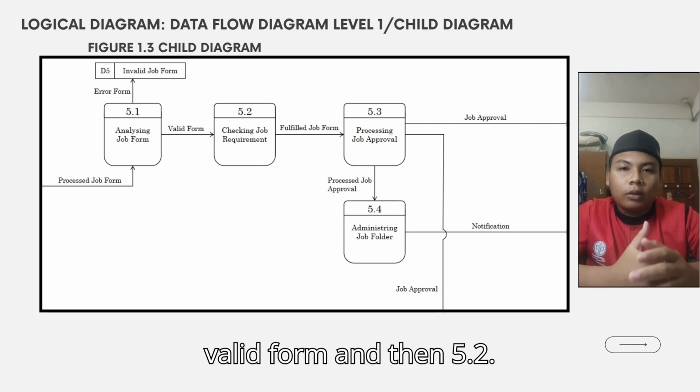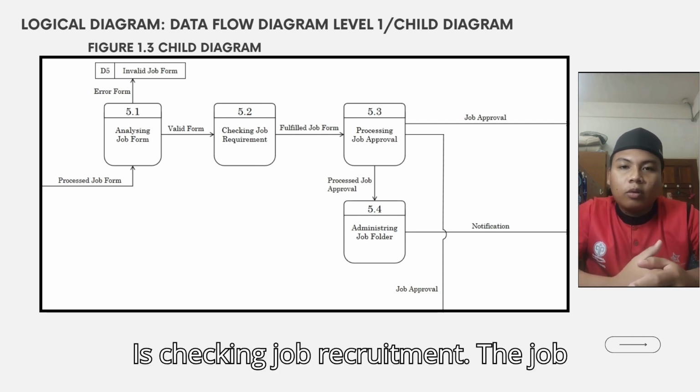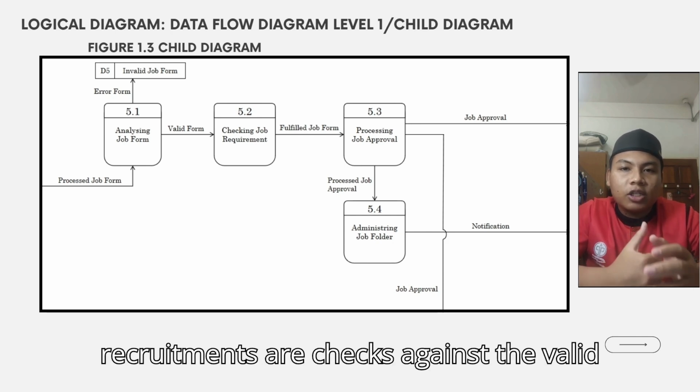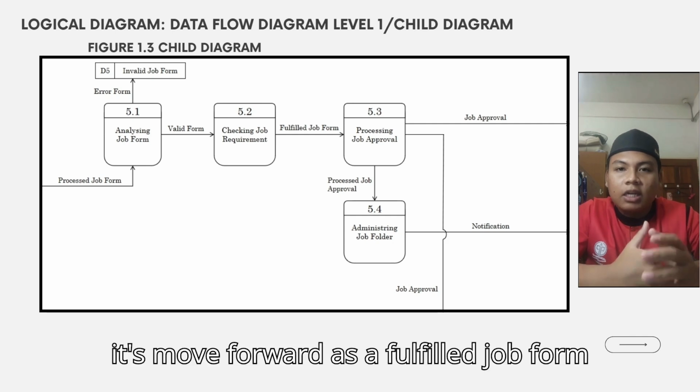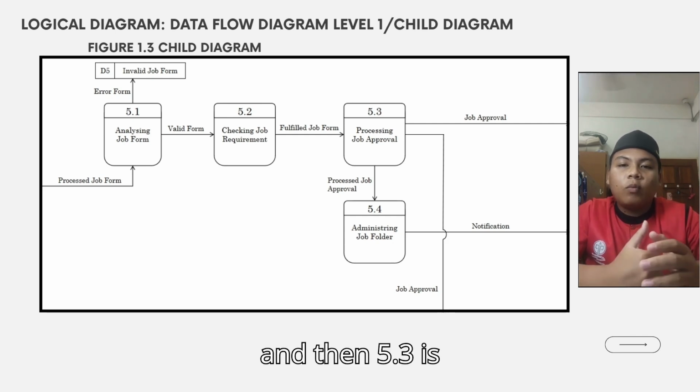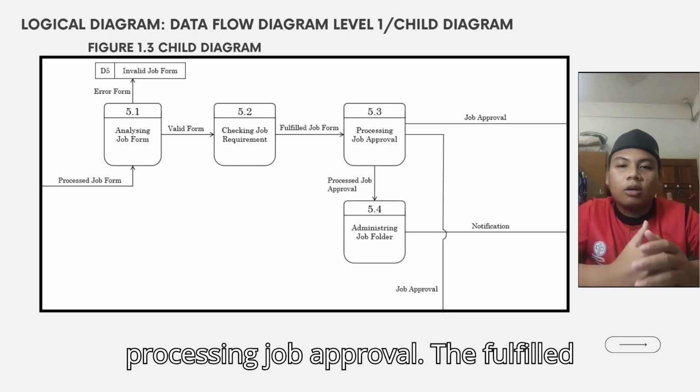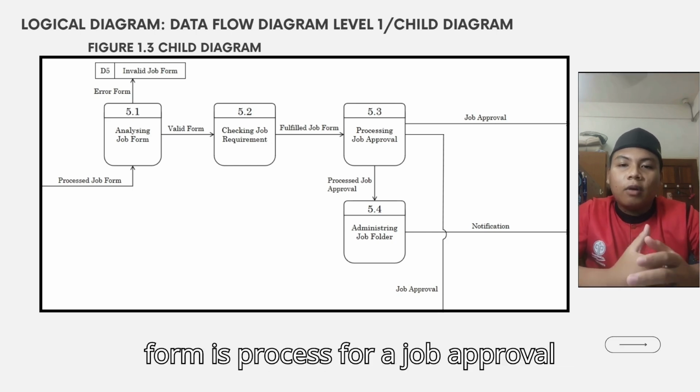Then 5.2 is checking job requirements. The job requirements are checked against the valid form. If all requirements are fulfilled, it moves forward as a fulfilled job form. Then 5.3 is processing job approval. The fulfilled form is processed for a job approval.